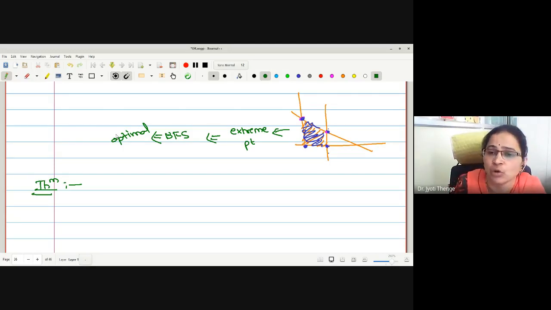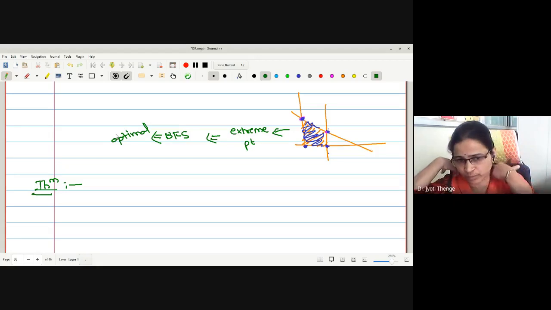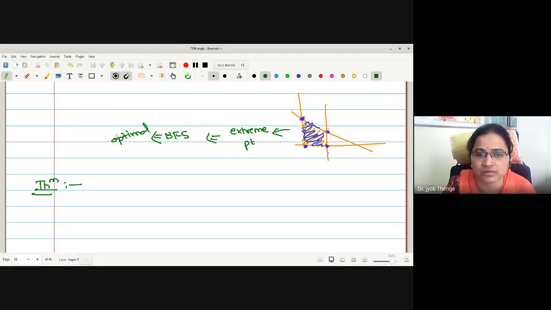Suppose we have obtained the optimal solution at more than one extreme point, then the value remains the same at the convex combination of these extreme points. Let me write the statement and we will prove the result.